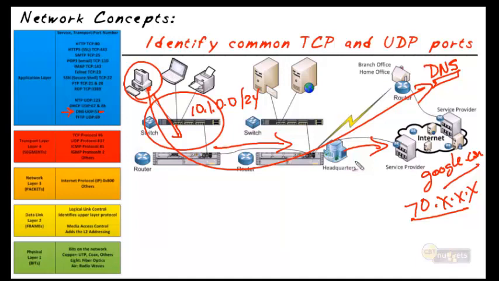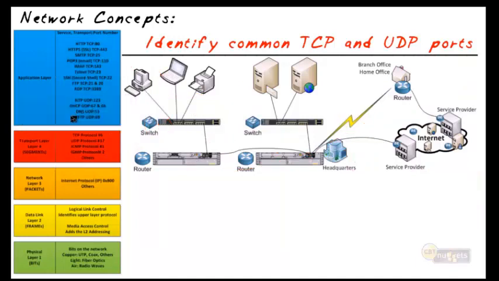The last one I put up here is TFTP, and TFTP stands for the Trivial File Transfer Protocol. So up here we have FTP, which uses TCP, and TCP is reliable. It uses connections, and it sets up logical sessions, and it sets up acknowledgments and uses sequence numbers.